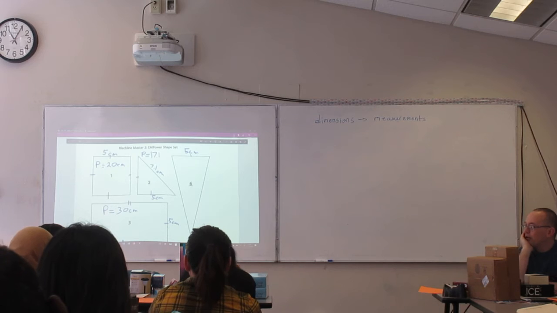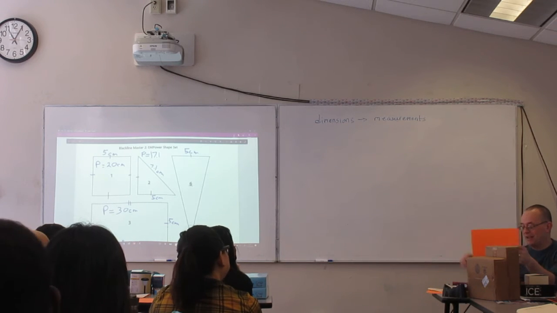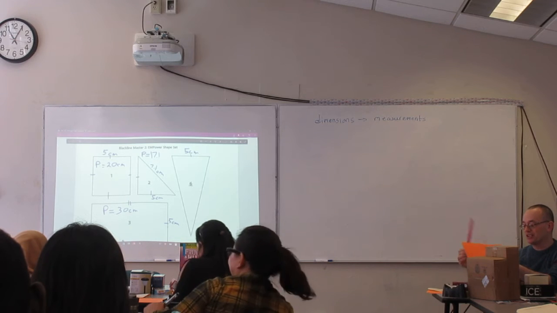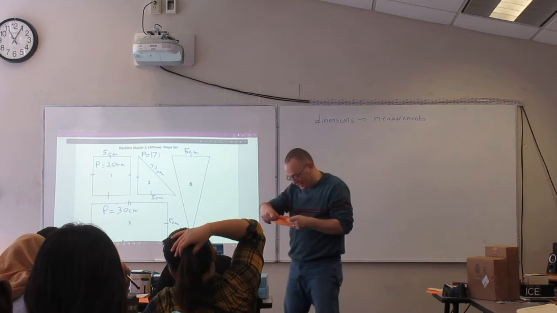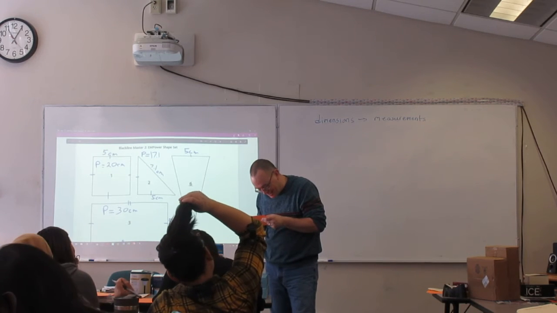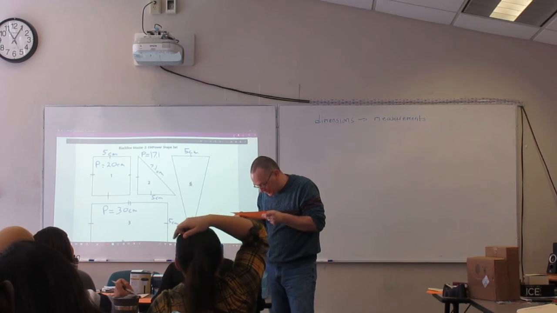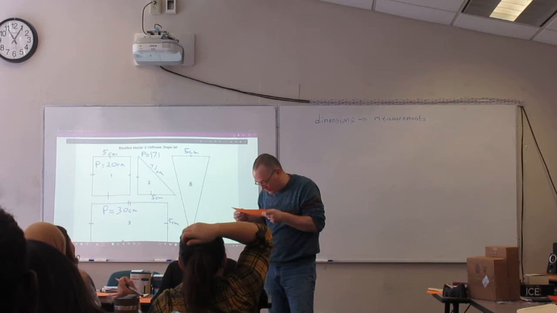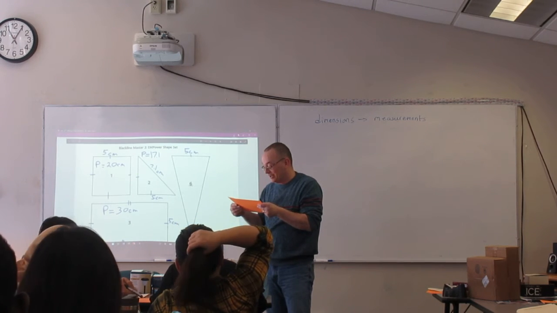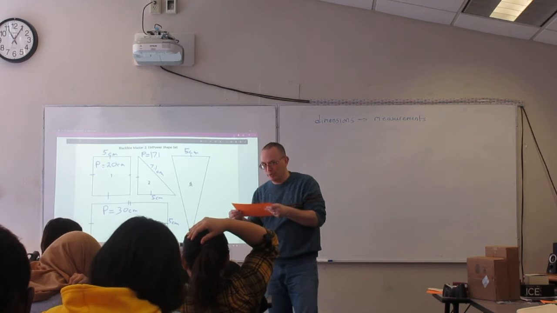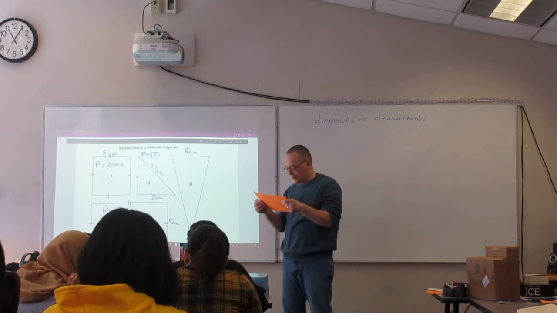10.4? 10.3? 10.5? Oh my gosh, you guys are all over the place here. Let's see, I'll try this again. You guys are way over if you're 10.5. 10.3, yep. I think the actual measurement is like 10.301 or something.